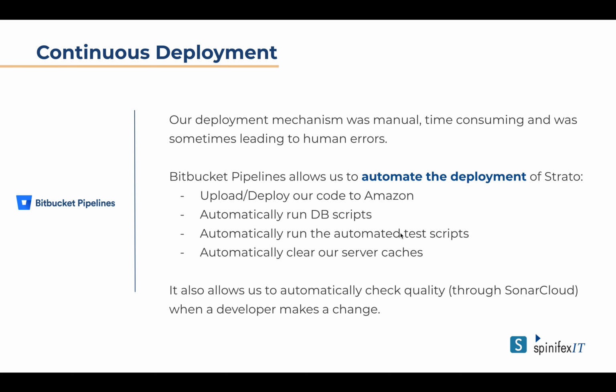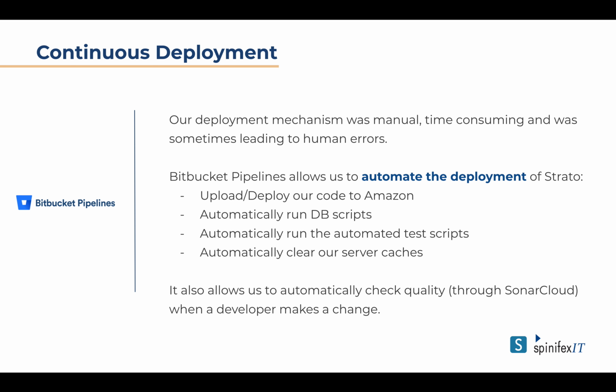The Bitbucket pipeline will also execute all the automated test scripts, so I'll go back on the automated test scripts later. And also, of course, clear the server cache, so we don't need to ask every user of Strato to clear their cache.